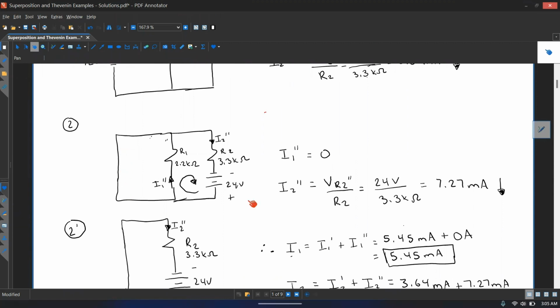But in this particular case, it does something else. By shorting out the voltage source on the left, it also shorts out the resistor. Because when current is flowing from negative to positive, right here we have negative on top, positive on bottom, so that means the current is flowing in this direction.